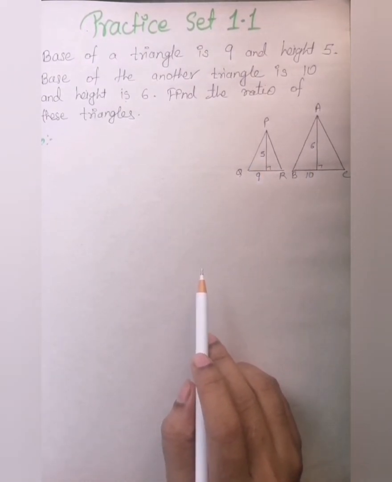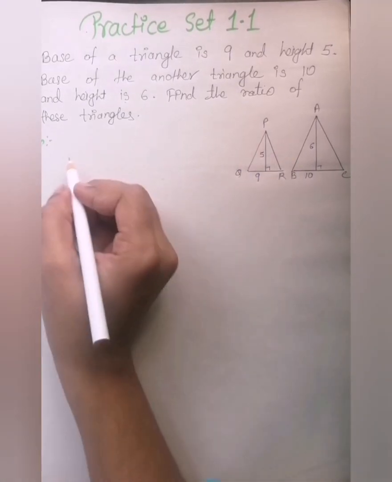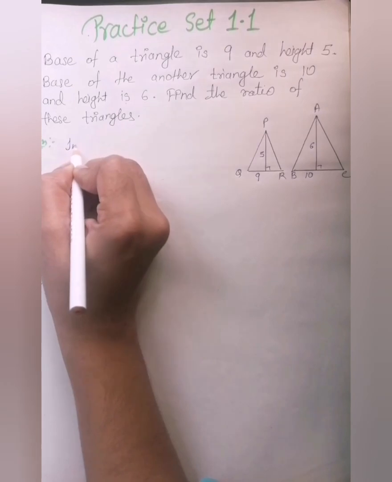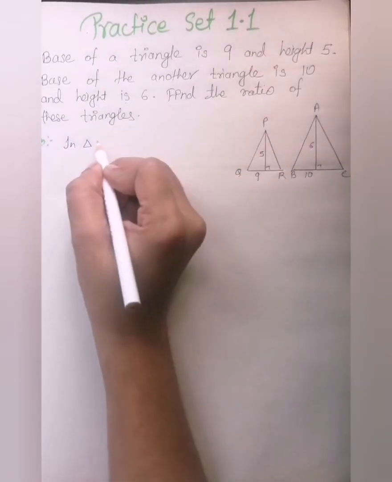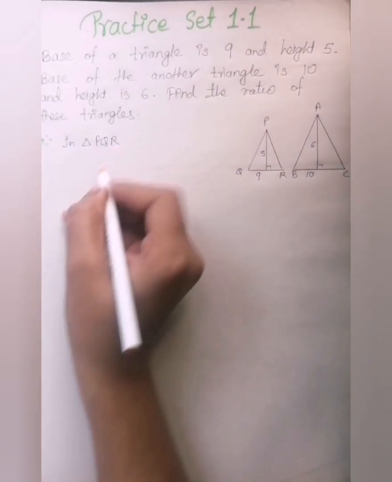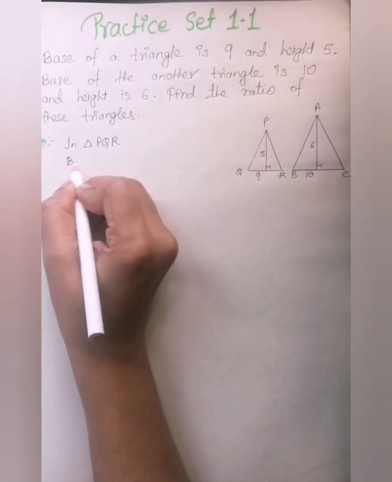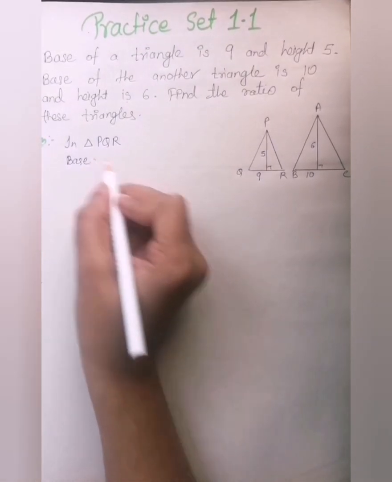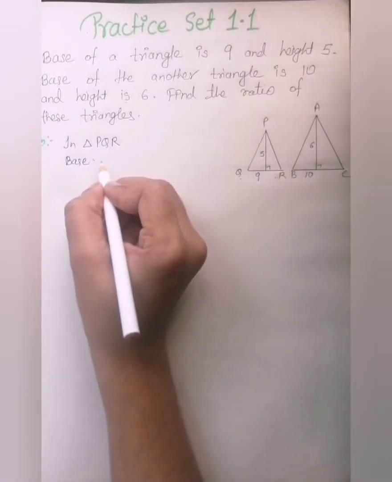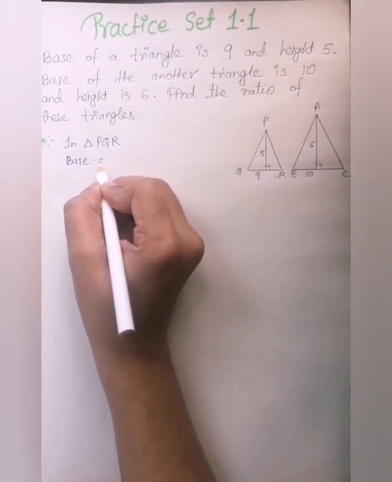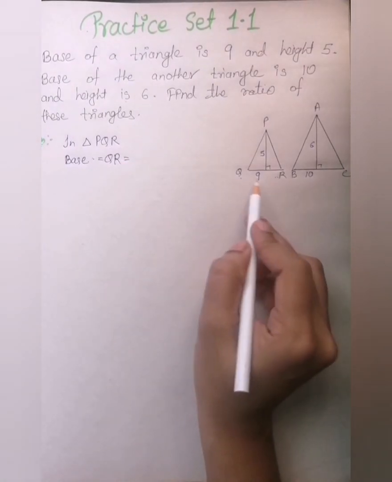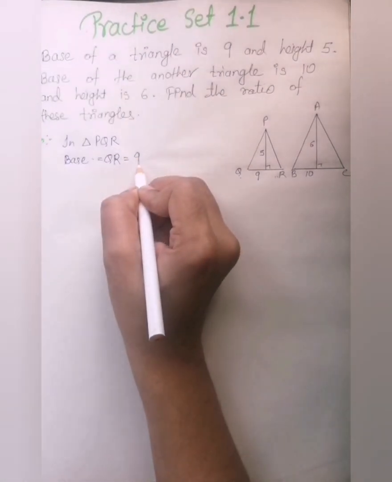First, students, write down the name of the triangle. In triangle PQR, first write the base. The base is QR, so write base equals QR equals 9.